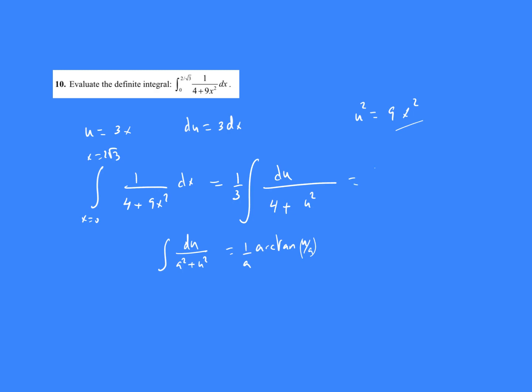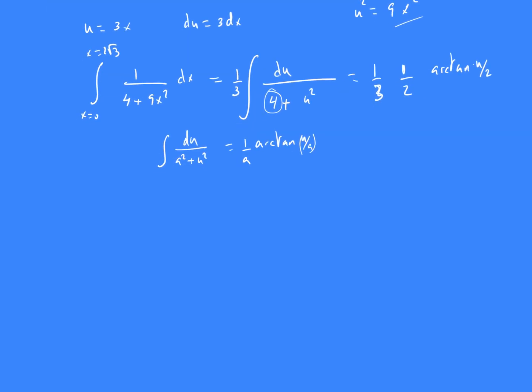So it will be 1/3, and 1 divided by a squared is 4, so a is 2, 1 divided by 2, multiplied by arctangent of u divided by 2.